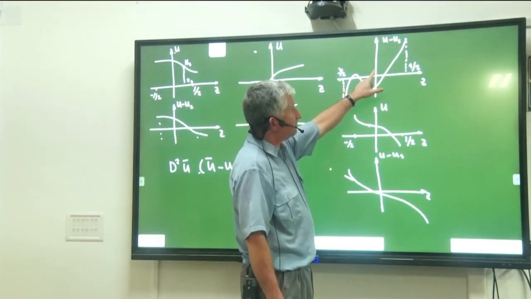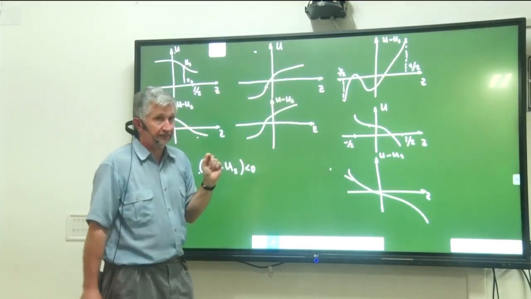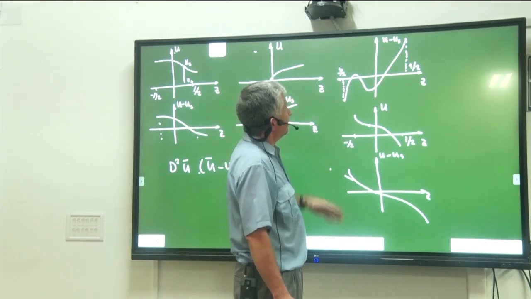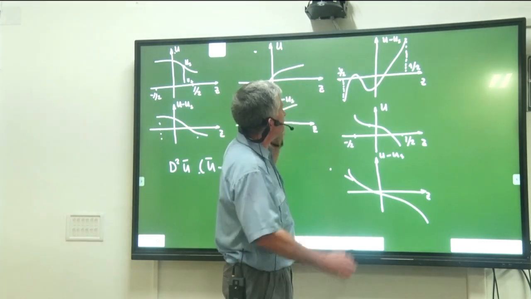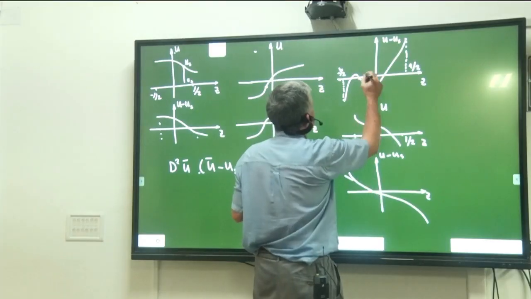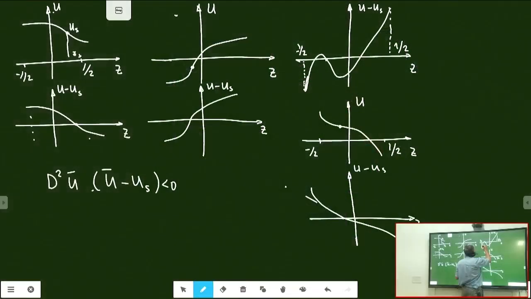Now, let's go to this picture. And that is a little bit tricky. So, I already shifted it somehow, so that's my inflection point. I'll just do it like that.